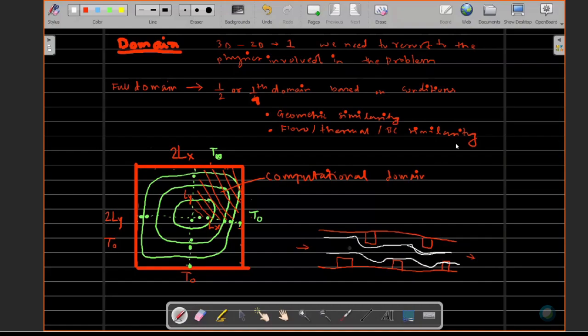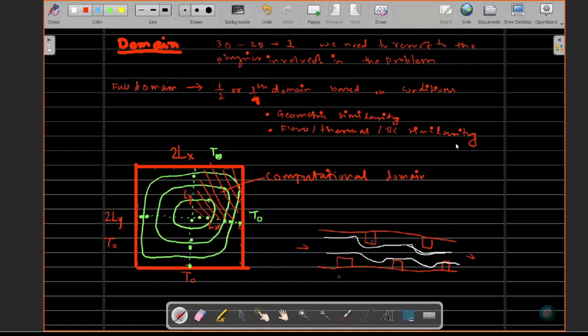If there are many things like that, what people do is take a representative domain, which will be a shorter domain where there is a periodic similarity. The flow repeats again after some length.